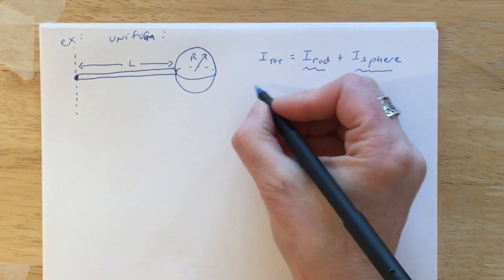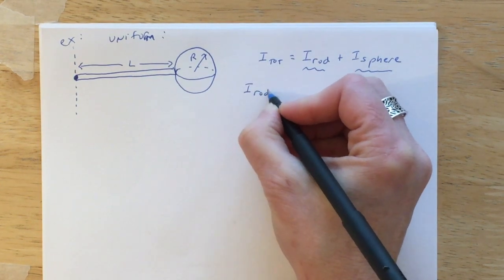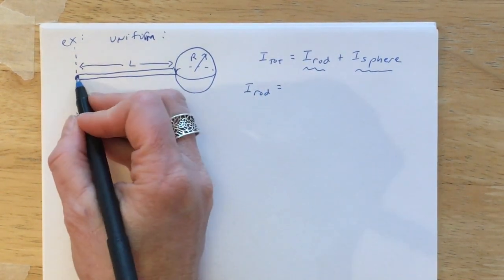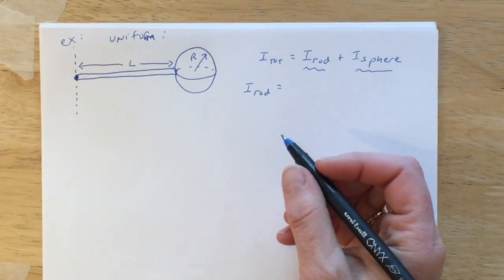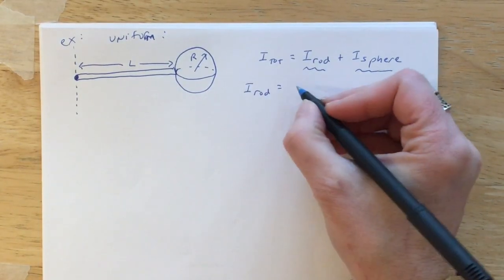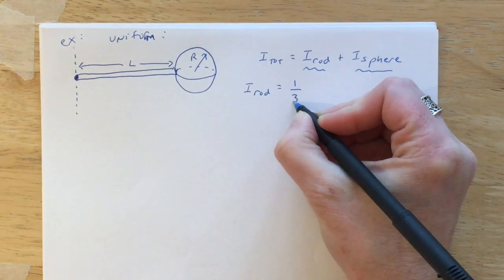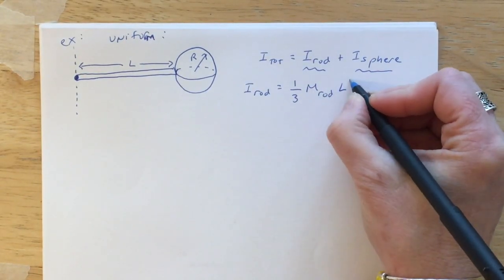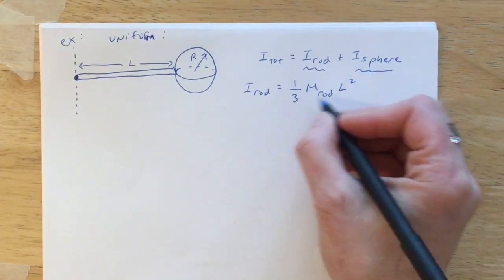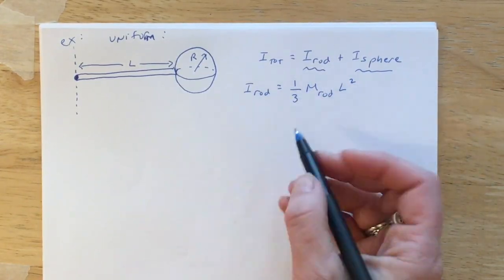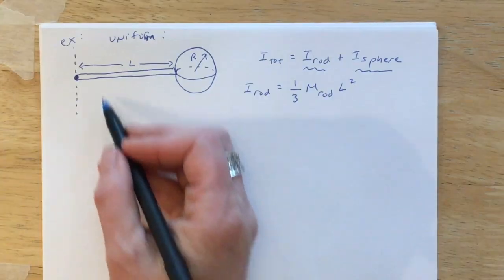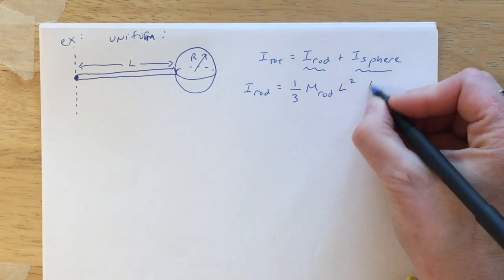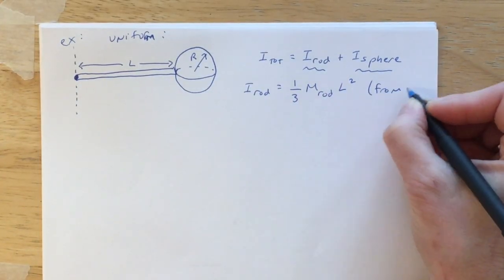So here I will say I rod. Well, this is a uniform rod pivoted around one end. That's actually a really common object that is also found on that table that you'll be provided. So I'll call that 1/3 times the mass of the rod times the length of the rod squared. So that 1/3 ML squared is going to be from the table for common moment of inertias that you'll be provided with.